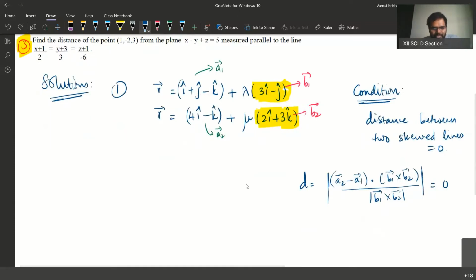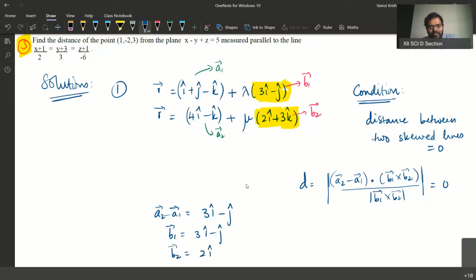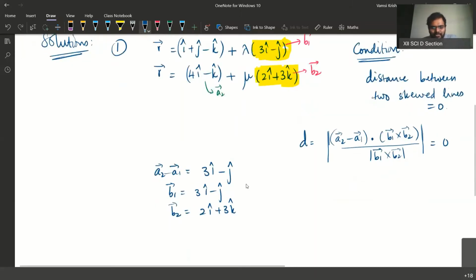Now from these two lines, a2 minus a1 vector is given by 3i minus j minus k minus, okay, that's 0. So this is a2 minus a1. Vector b1 is 3i minus j. You can see what's happening here, students. b2 is 2i plus 3k. Now, if you have to show this distance is 0, what are you supposed to do?